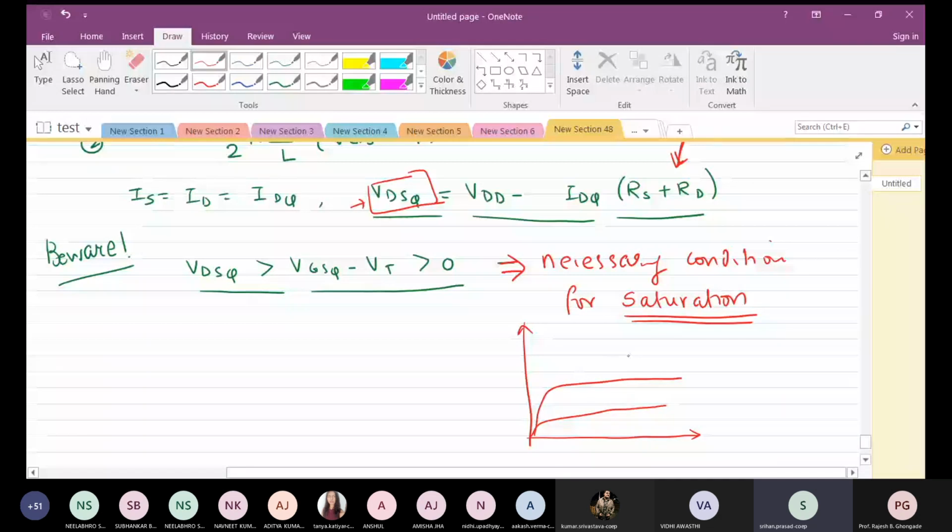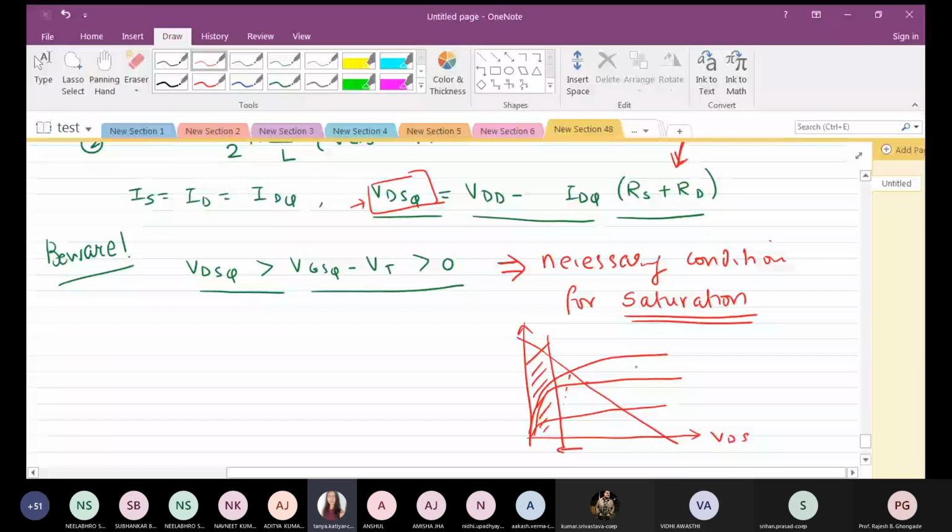This was your Q point. This is your VDS. This region is the triode region. So if VDSQ is small, where will the Q point be located? It will be in the triode region, where it is useless for us as an amplifier.